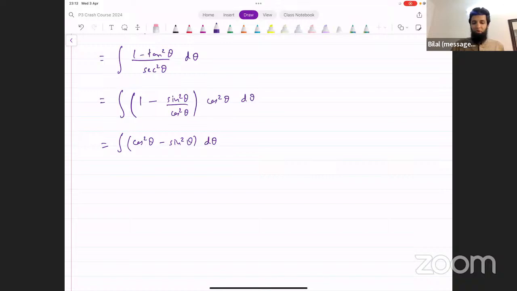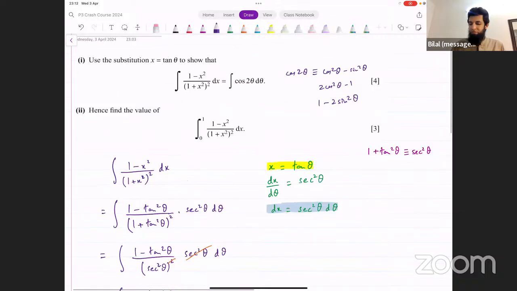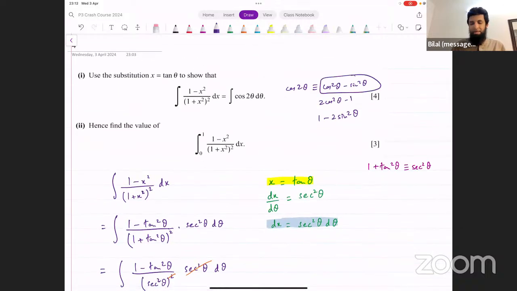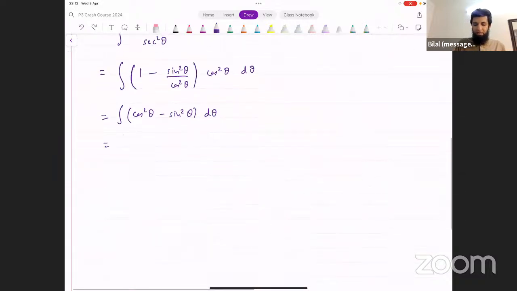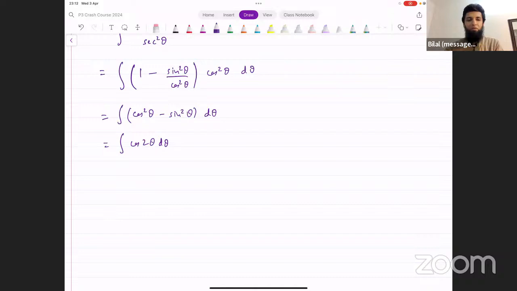From the first identity, this is the same as cos of 2 theta. So we could write this as the integral of cos 2 theta, and that's what we wanted to do in the first part. We have replaced x with theta, and that integral converts to something much simpler now: cos of 2 theta with respect to theta. Does this make sense?